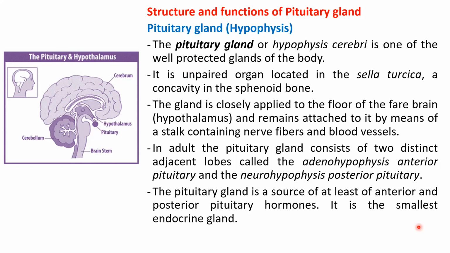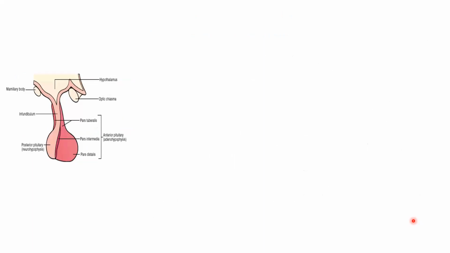As compared to the other glands like thyroid, parathyroid, adrenal, testes, and ovaries, this pituitary gland is small in size, and it secretes hormones in both the anterior and posterior regions of the pituitary.